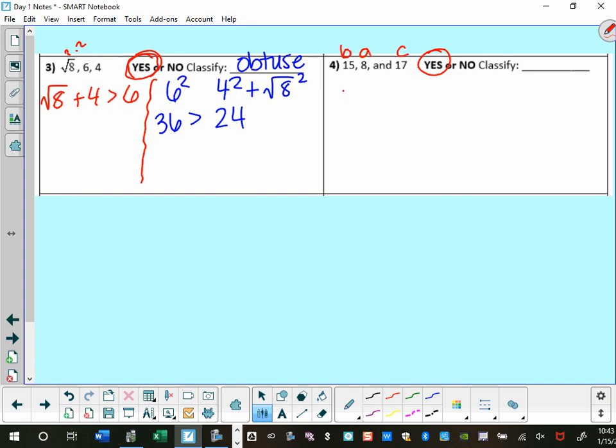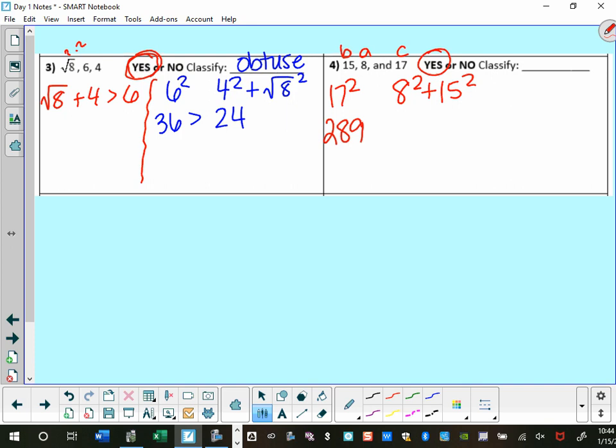All right, so we have 17 squared, and 8 squared plus 15 squared. What is 17 squared? 289.